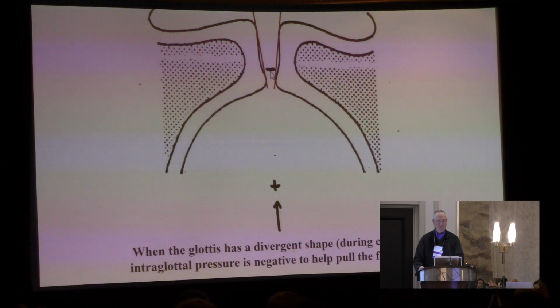During the divergence, the pressure in the glottis is negative, and that's due to Bernoulli, but also to rarefaction above.